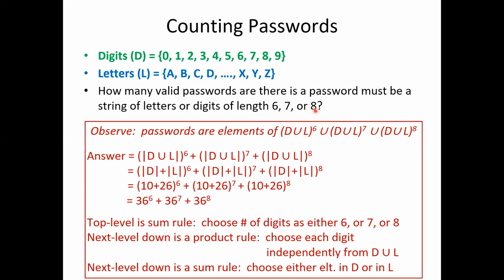So the top level decision is like a sum rule. You choose whether to take your password from here, or from here, or from here. It's a union, the total space of passwords, the union of these, but these are thankfully distinct.